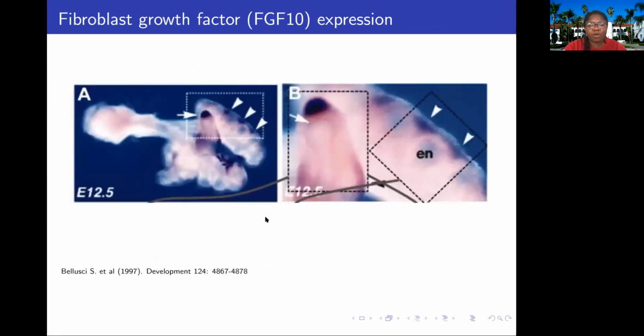Now here is a work by Bellusci, and this was one of the first studies to show the importance of fibroblast growth factor 10. If you look here, this is an embryonic mouse at 12.5 days. Where you have the arrows, the dark staining shows the expression of fibroblast growth factor 10.